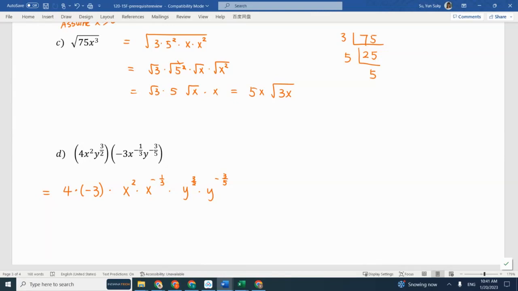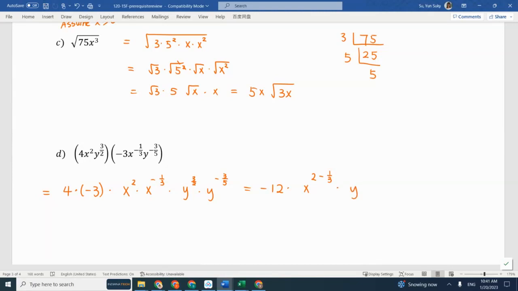Now we can simplify. 4 times negative 3 is negative 12. For x, we combine the exponents. Do we multiply them or add them? Add them. Yes. So 2 and negative 1/3 is the same as 2 minus 1/3.